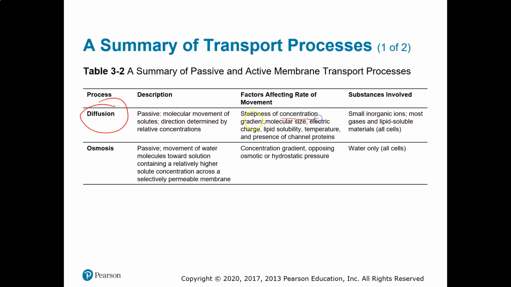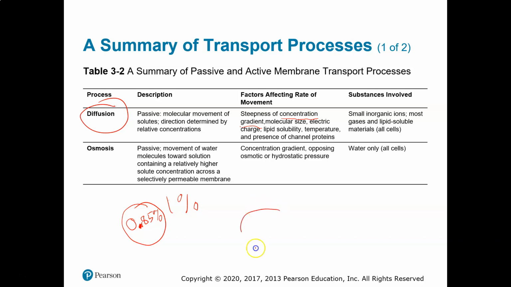Now, what does that mean? That means if, for example, here's your cell, and inside the cell we know is 0.85% saline or sodium chloride. And let's say that outside the cell is 1%. All right, the concentration gradient is the difference between the 1% and the 0.85%, which is just 0.15%.